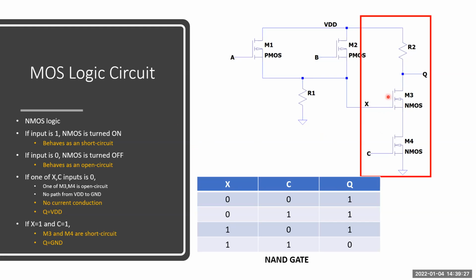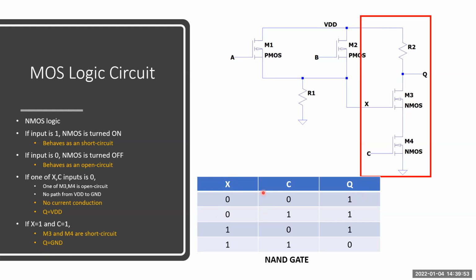If one of the inputs X and C is 0, it means there is no path from VDD to ground and there will be no current, then the output voltage Q directly connects to VDD because there is no current passing through R2. Okay, and these are the combinations for this case.